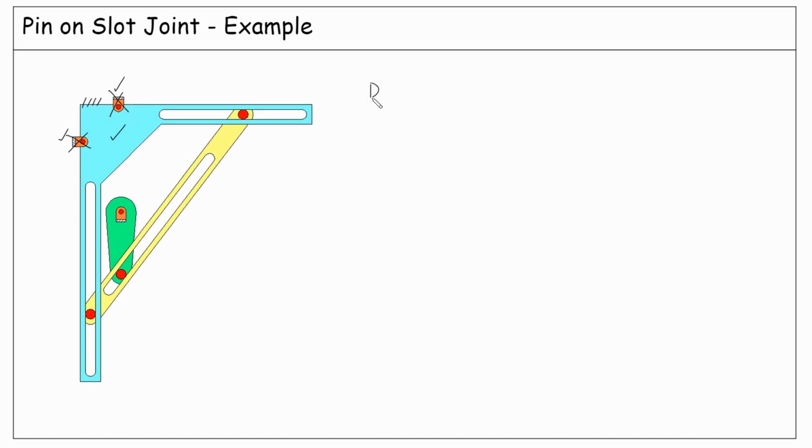This way, the degrees of freedom is 3 times 3 bodies, minus 3 times J0, which we have only 1 here, minus 2 times 1 revolute joint, just here, minus 1 times J2, which we have 3 pin on slot joints. So the degrees of freedom is 1.